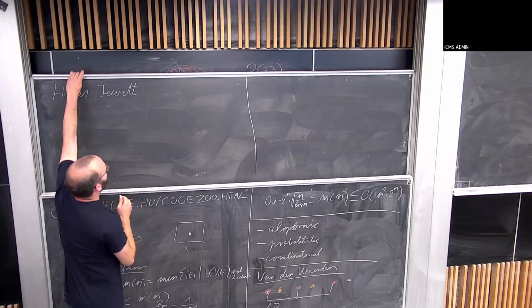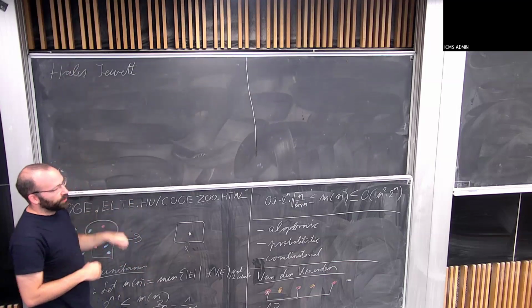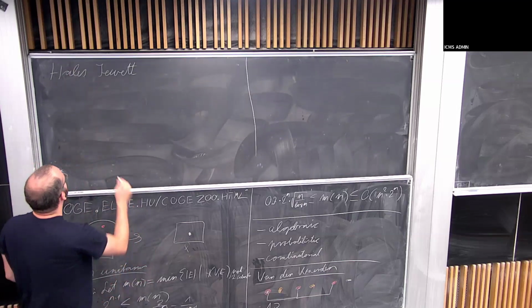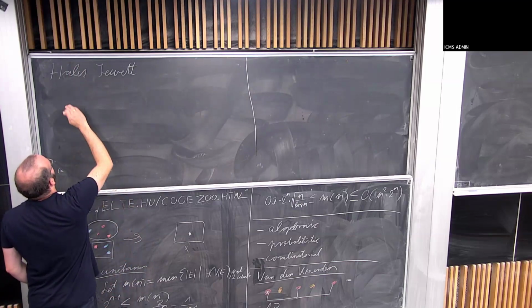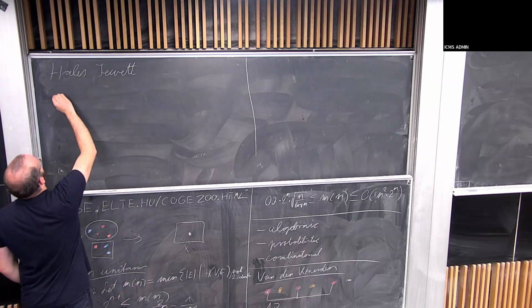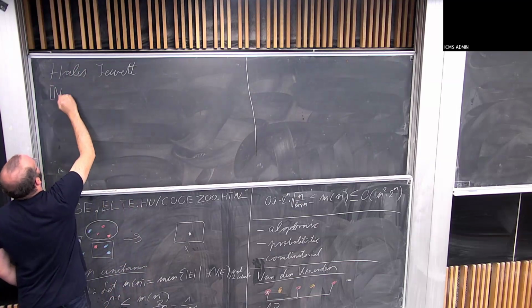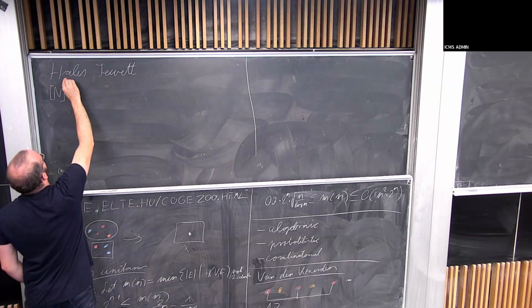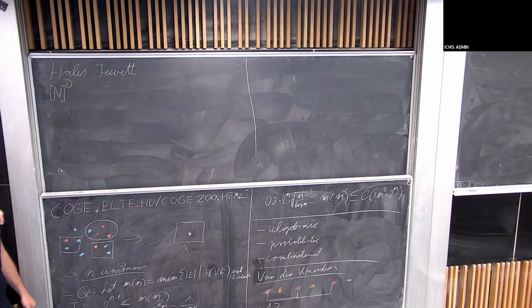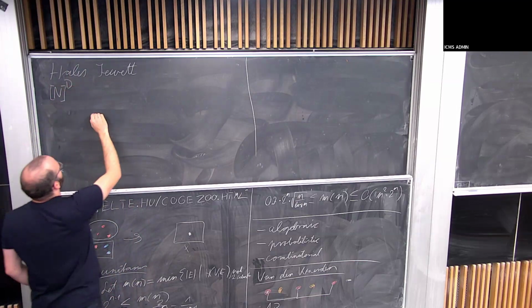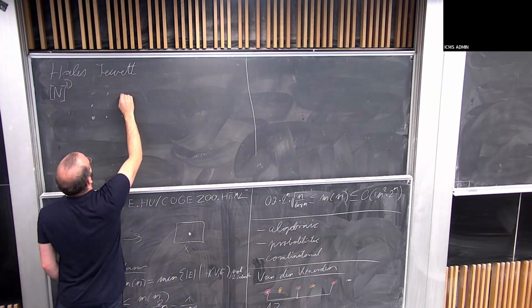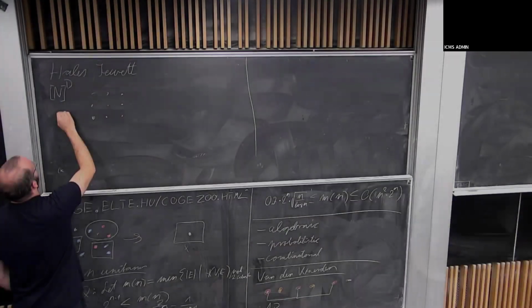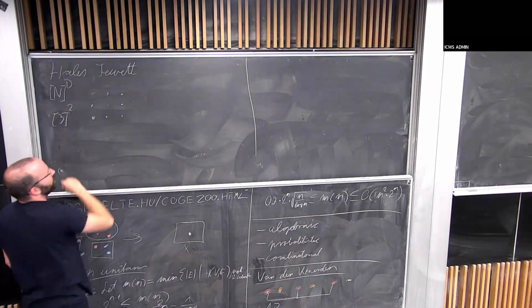Here, instead of the integers, we want to color a large cube. What do I mean by that? I pick some integer n and some dimension d, and I will color these points. For example, this is 3 squared.